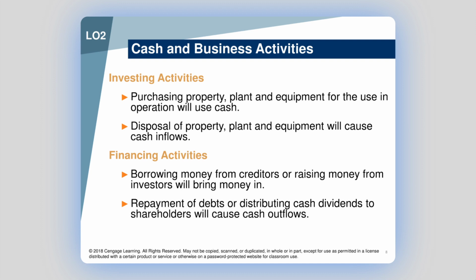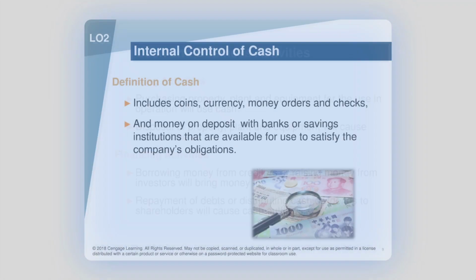You borrow money from your creditors or raise money from investors that will bring money. And also repayments of debts or distributing cash dividends to shareholders will cause cash flows. So that would be your cash and the business activities.